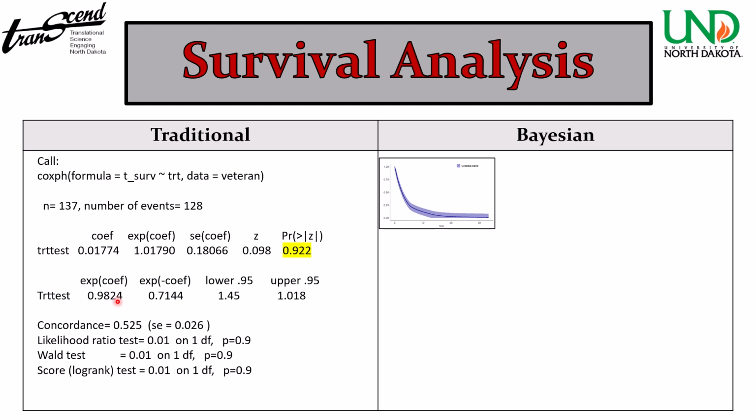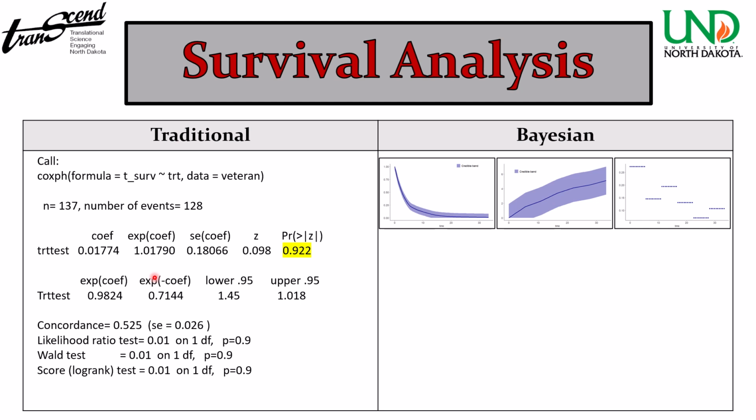For Bayes, unfortunately they really didn't spit out Bayes factors or anything analogous to the Cox proportional hazards outputs, like hazard ratios or p-values or z-values. It would pull out tests, so you could do the different credible bands, or Kaplan-Meier curves, or hazard curves, things like that.